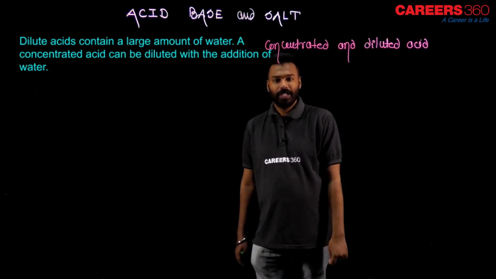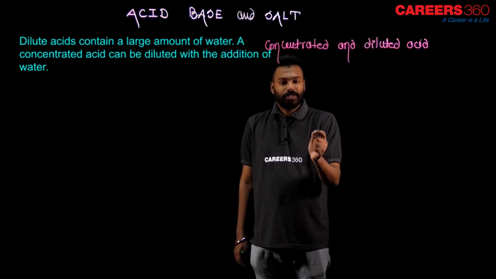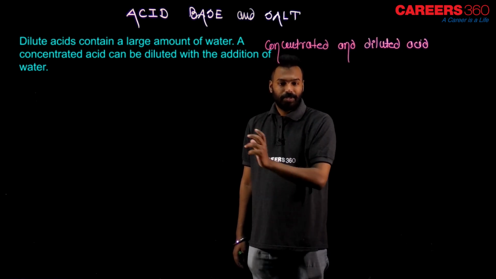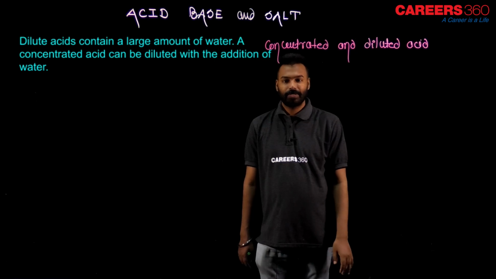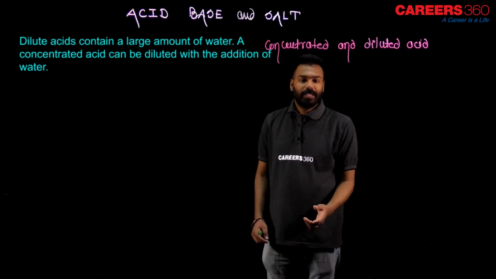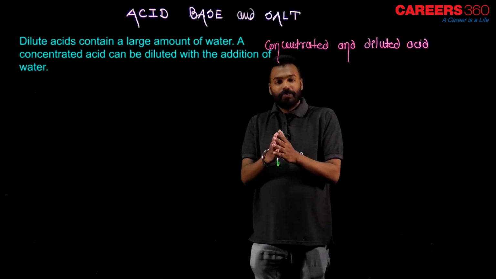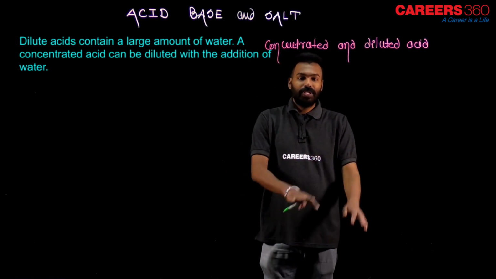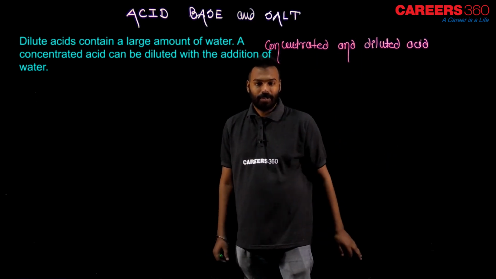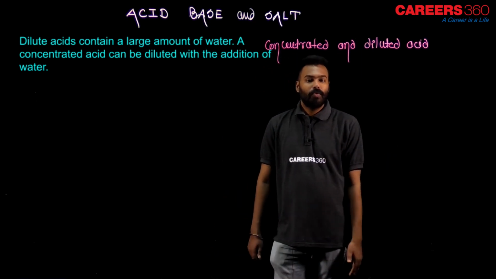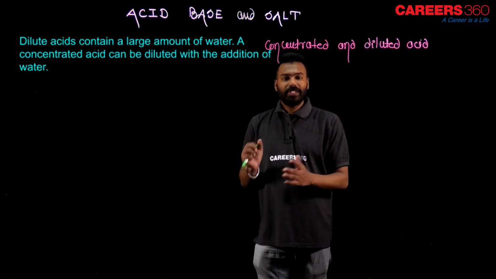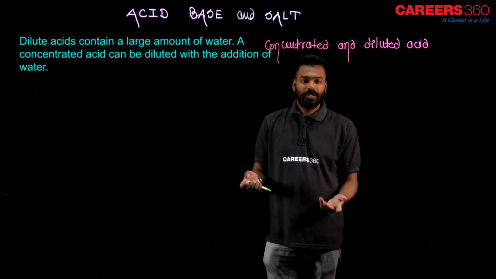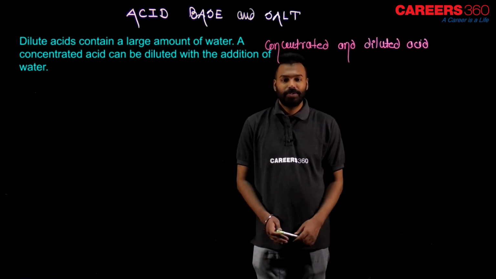There is a small process, we slowly do this, not directly. Detailed discussion is in ionic equilibrium in class 11th. Similarly, if we want to convert a concentrated solution to a dilute solution, of course we add water. So this is what we studied today, concentrated and dilute acid, and the concept of dilution and concentration. I hope you understood the lecture.